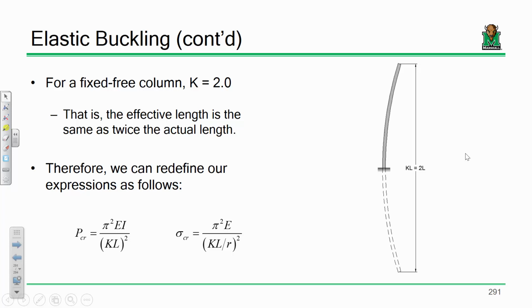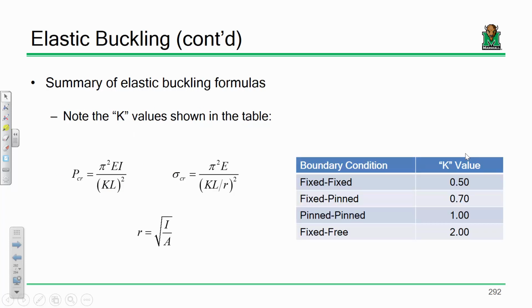Does that make sense? All right, everybody okay with this? So, first off, there are different K values for different scenarios. For instance, if our column is fixed free, the K value is 2.